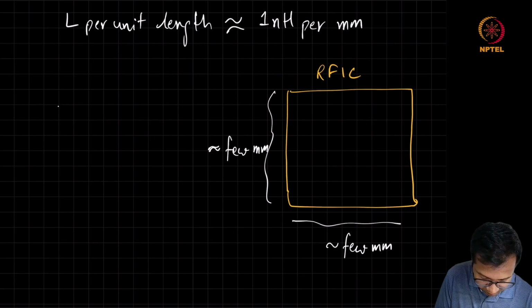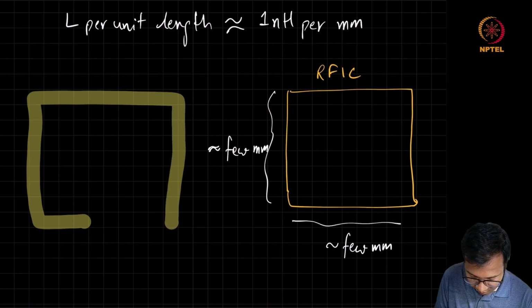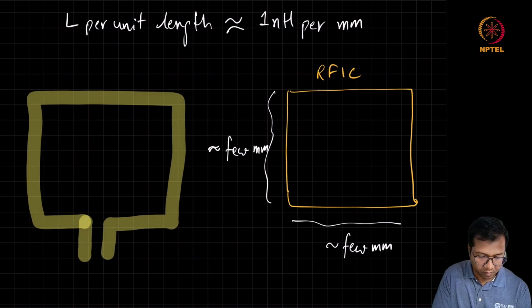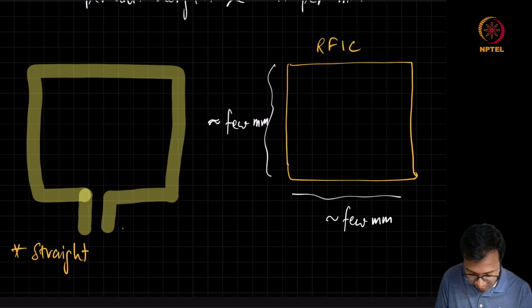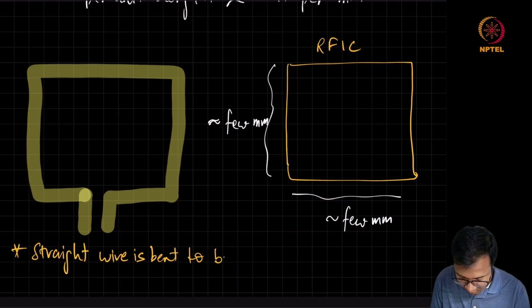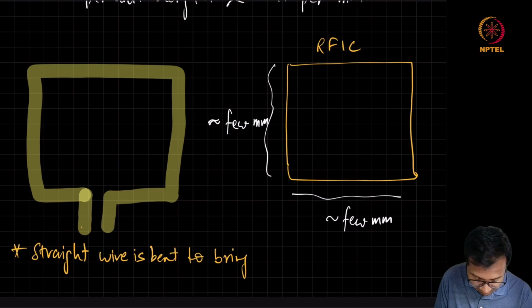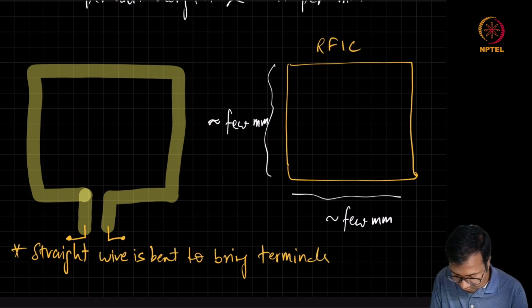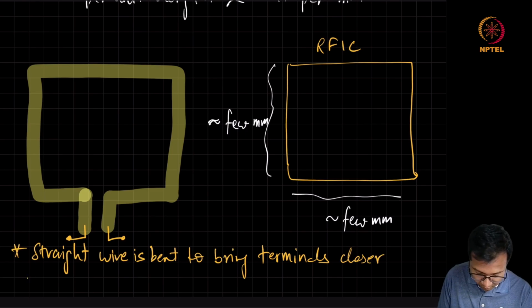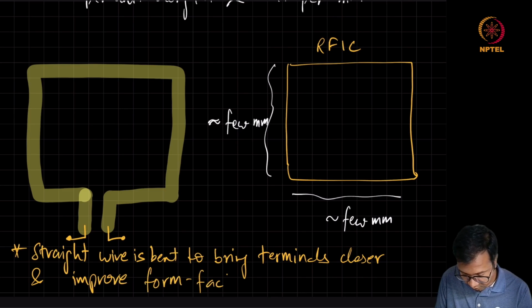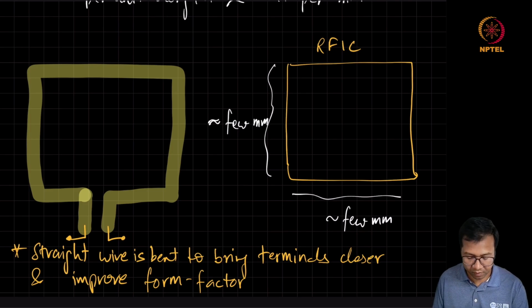So instead of talking about a straight wire, now we can talk about a wire which has been bent so as to improve the overall form factor, bringing the terminals closer. This is done so as to make the inductors more practical.